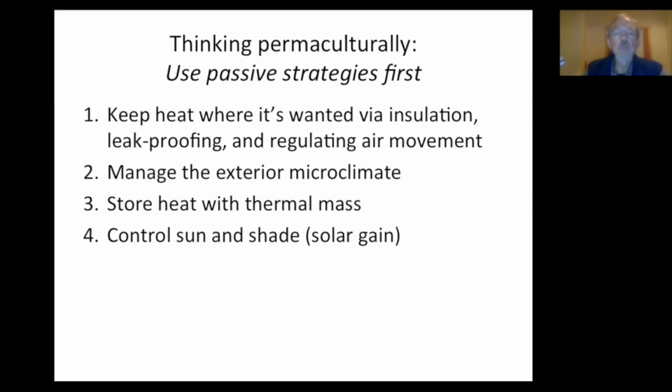And as I've mentioned, managing the exterior microclimate through plants and windbreaks and things like that. Thermal mass is a passive energy strategy. And then control how much sun and shade we've got through things like window blinds and proper location of our house in relation to the sun, plantings and things like that. So, we try and use these passive strategies first.